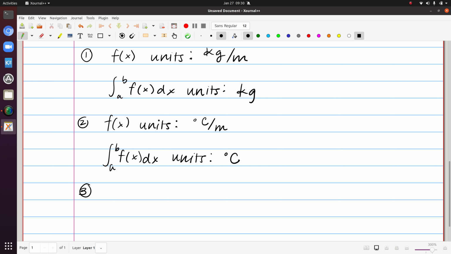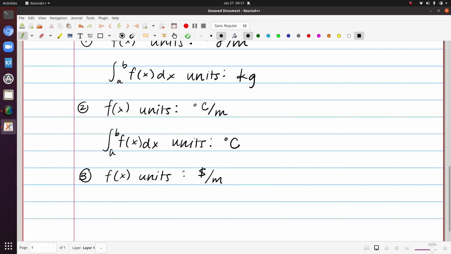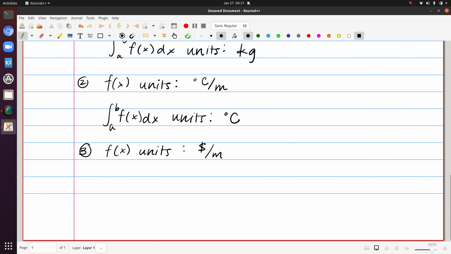And here maybe more of an economic example, if f of x is now measuring, let's say, dollars per meter, then the resulting definite integral here would just give us the price, the total dollars.